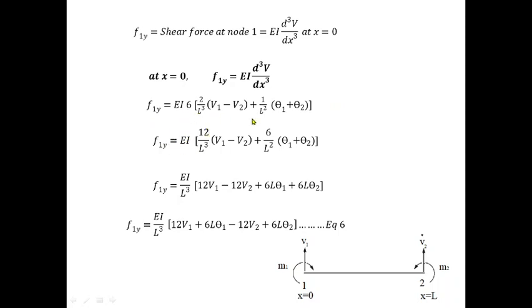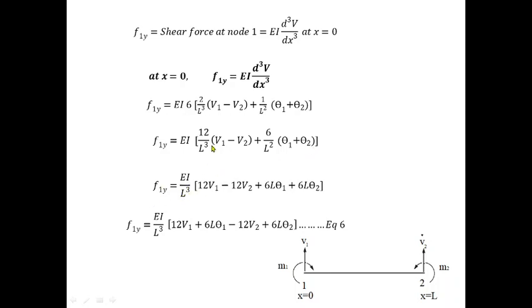I will be rewriting this entire equation in a simplified form. How is that? This is the last equation, and by simplification I got this. Node 1 will have v1 and theta 1, and node 2 will have v2 and theta 2. In a similar way I am rewriting this equation. I will explain how I have done it. F1y is equal to EI times 6, you multiply inside, 6 into 2, that is 12 by L cube, v1 minus v2, plus again 6 by L square, theta 1 plus theta 2.